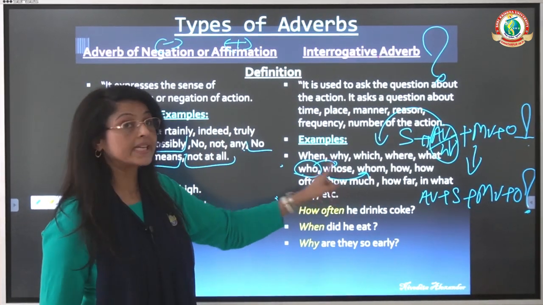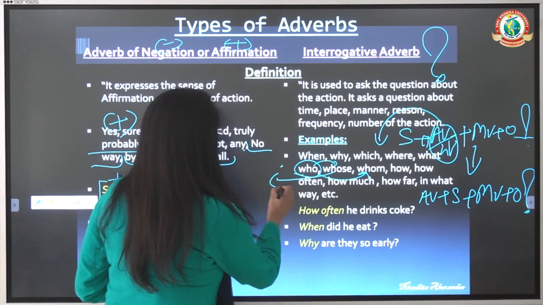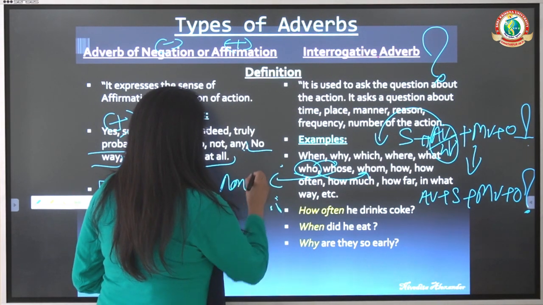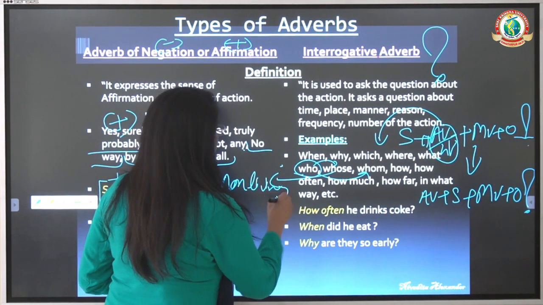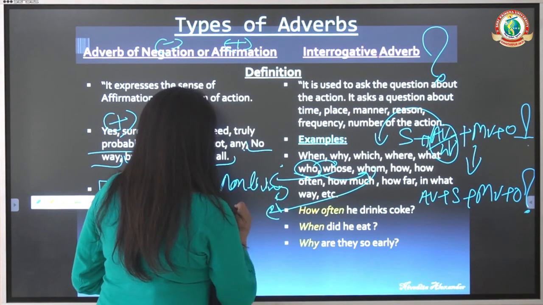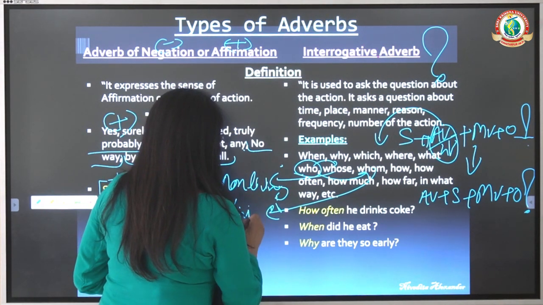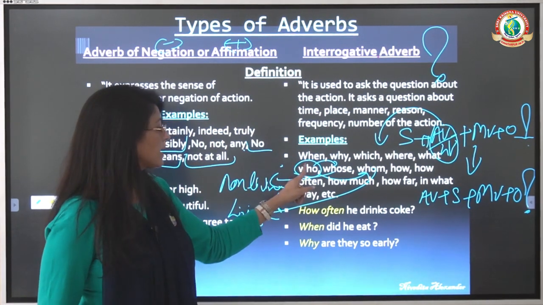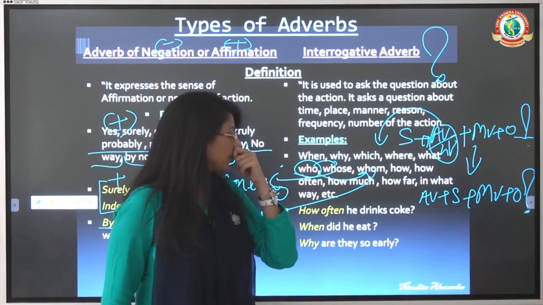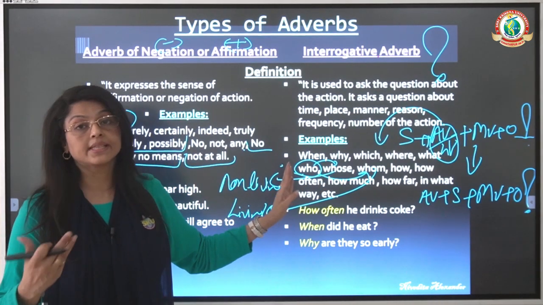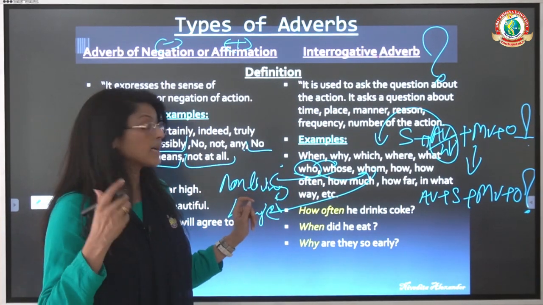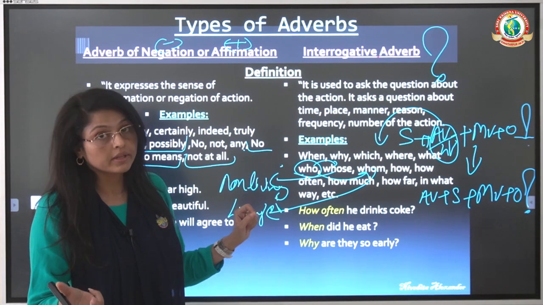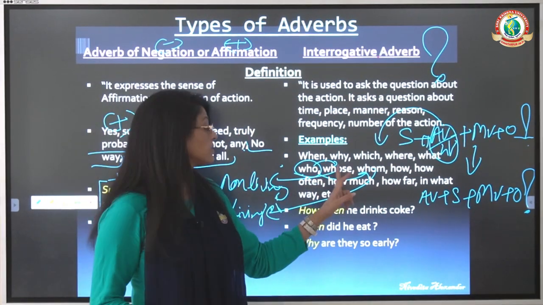Now whose is generally used for non-living things and whom is generally used for living things, clear? Example, whose book is this? Now I'm asking about the book, which is a non-living thing, okay? So we are using whose.